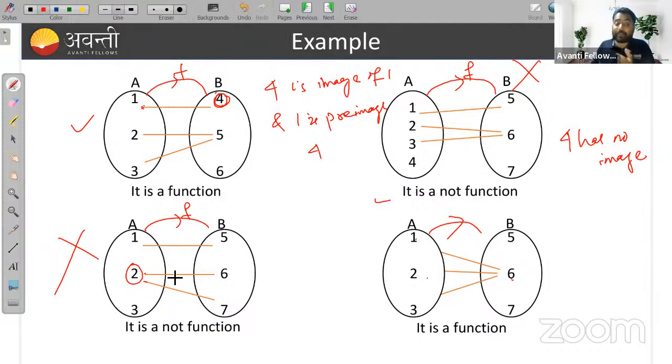It is possible. But in the third case, we cannot take this example as a function because the element 2 present in set A has two images in set B. The condition is that each and every element of A should have only one image in set B, but here 2 has two images. That's why it is not a function. But in the fourth one, it is a function.